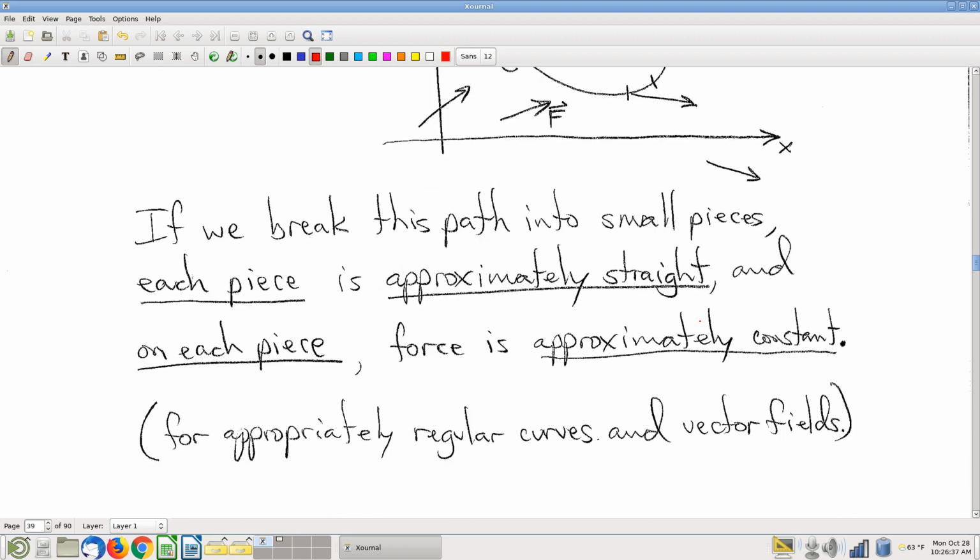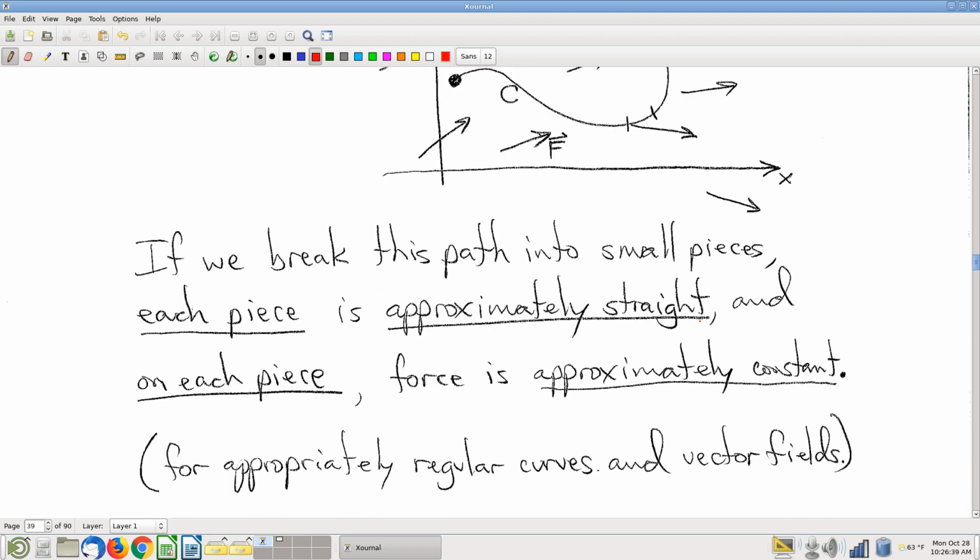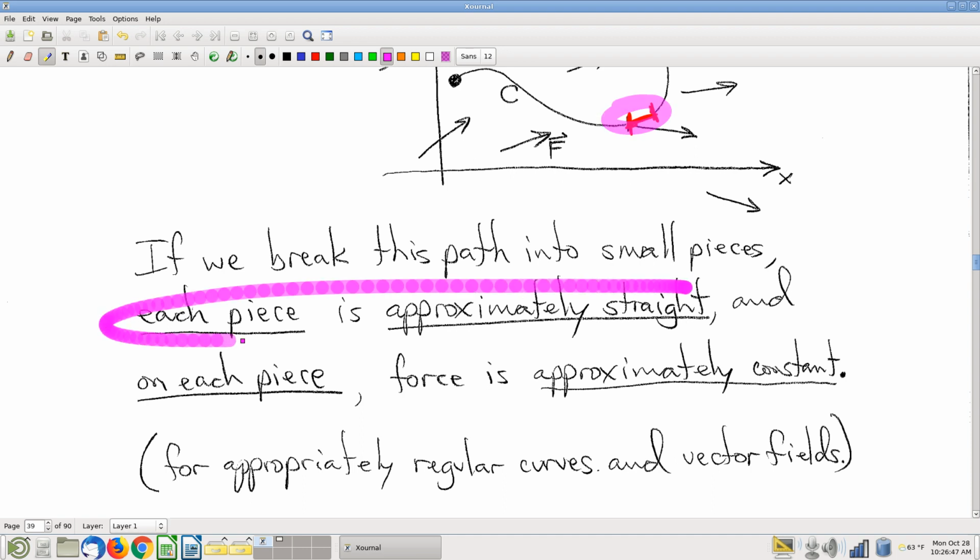Okay. All right. So we chop it up into little pieces. On each little piece, such as that little piece there, notice that that little piece of curve is not exactly straight, but it's approximately straight. And the force that I am exerting might not be exactly constant.